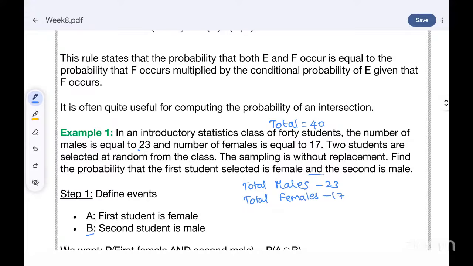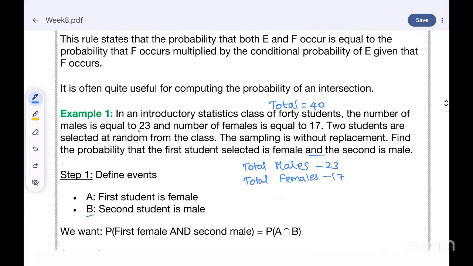This is what we need to find: probability of A intersection B, right? Both need to happen. First should be female and also the second should be male. So we need to find probability of A intersection B.